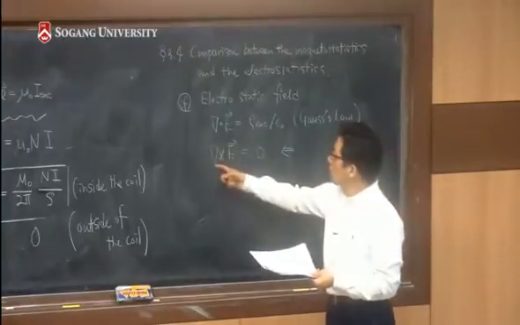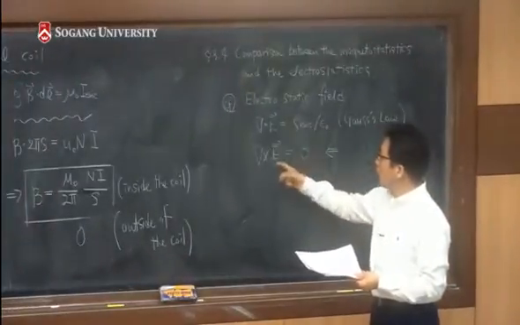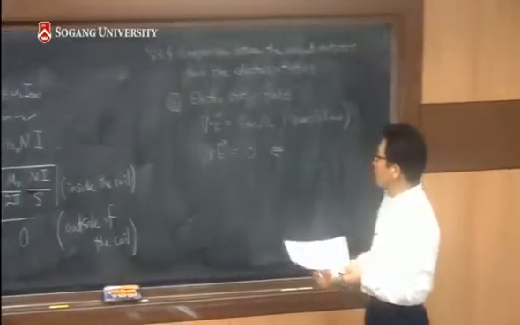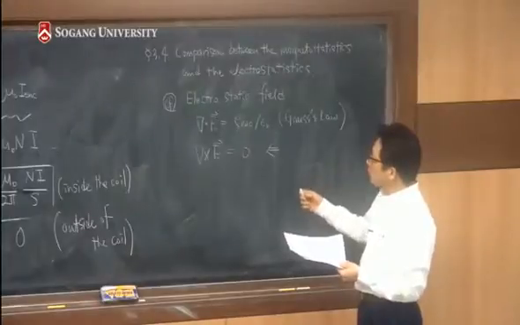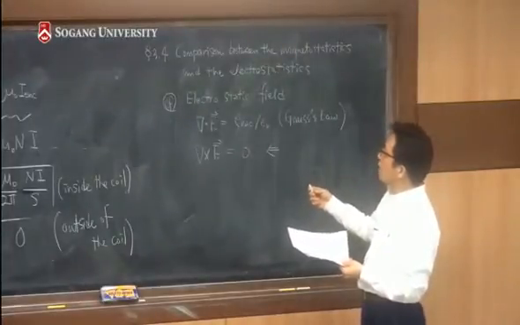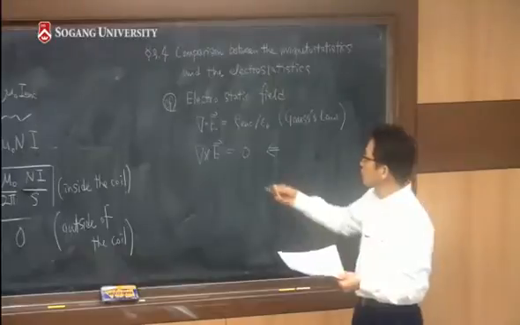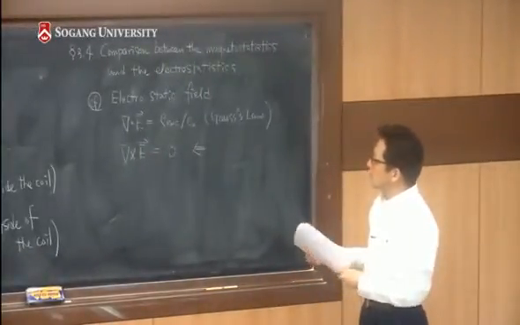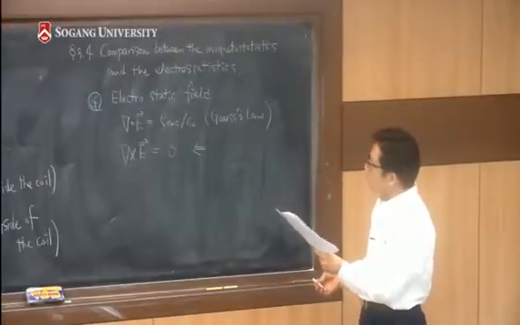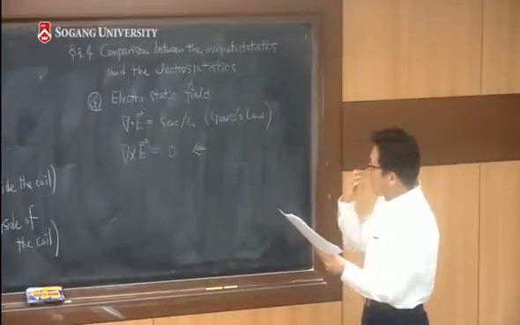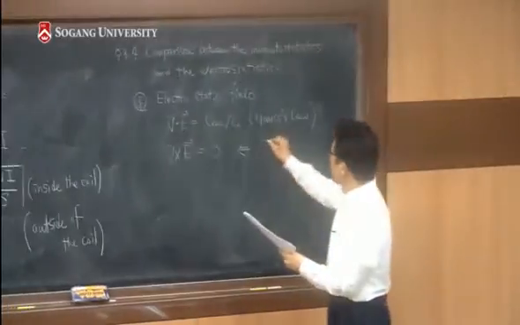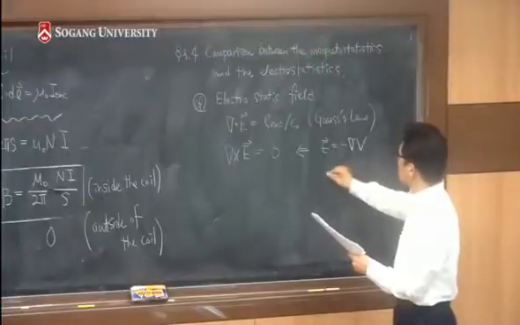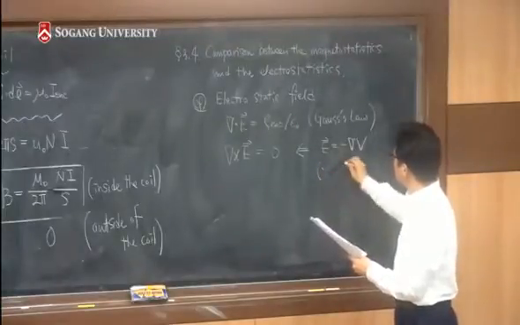then that certain vector can be derived from the gradient of a given scalar function, so that the electric field in this case can be expressed by the gradient of a given scalar function, because the curl of any gradient of a scalar function is 0.